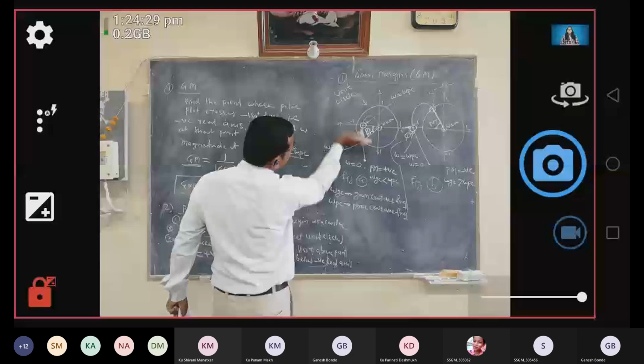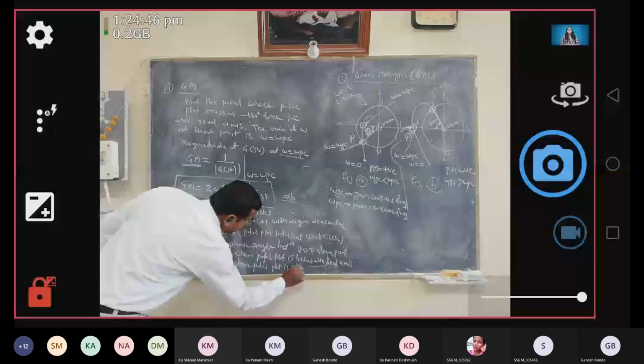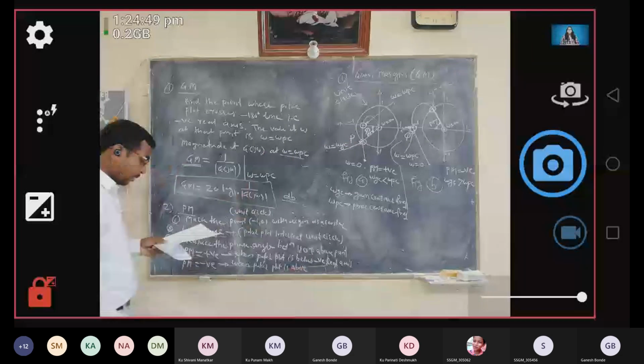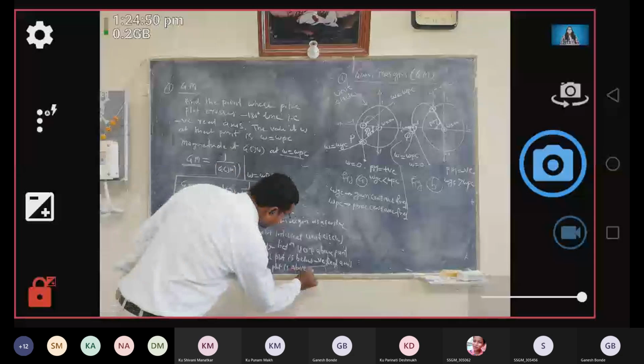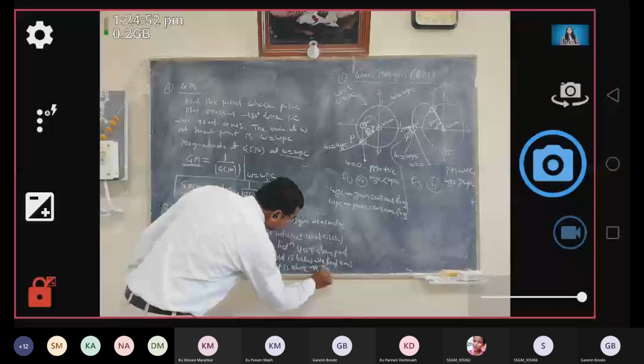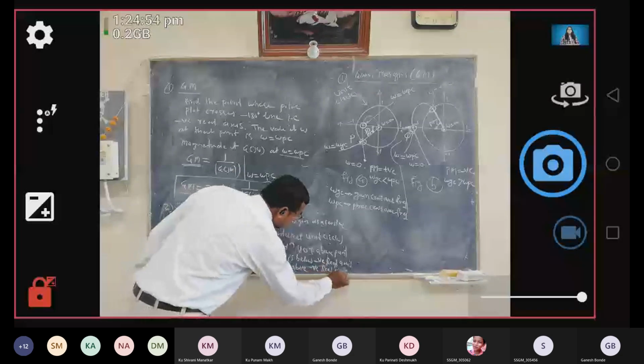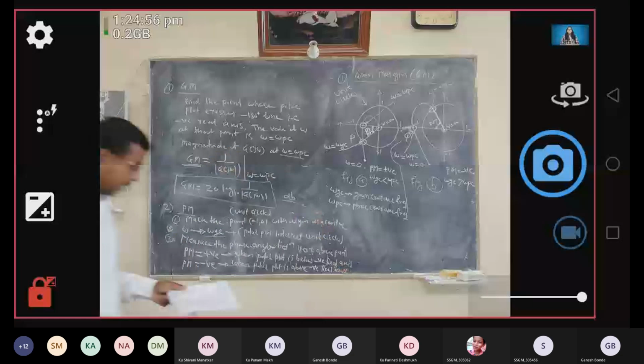And PM is negative exactly the opposite: when the polar plot is above the negative real axis. So that decides PM positive and PM negative.